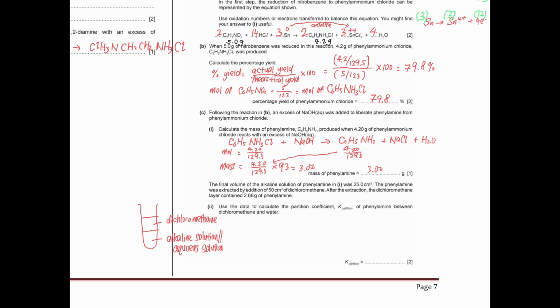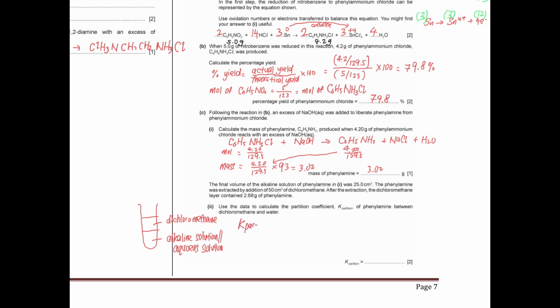Okay, K partition is where you have to find out the concentrations of the solute in the first solvent to the second solvent. So the first solvent is dichloromethane. So we do like this.